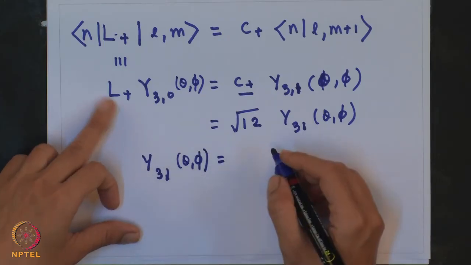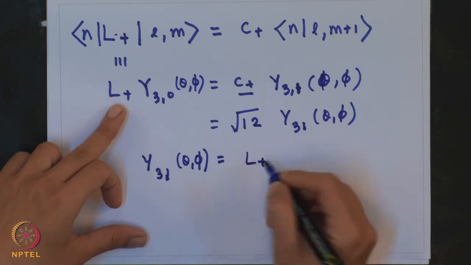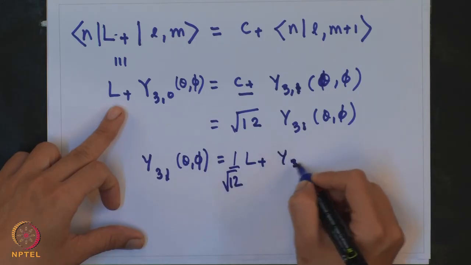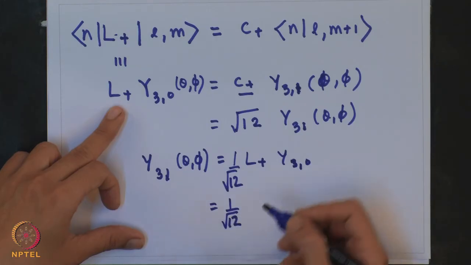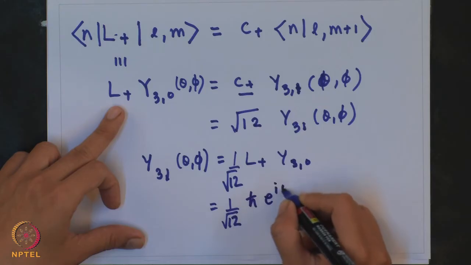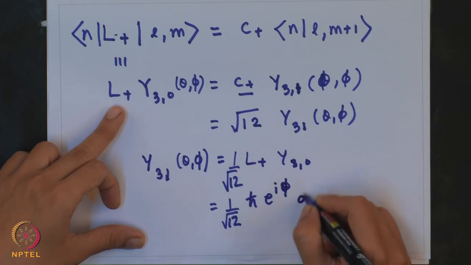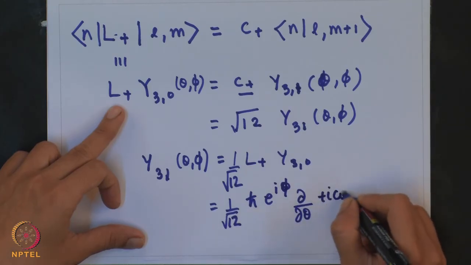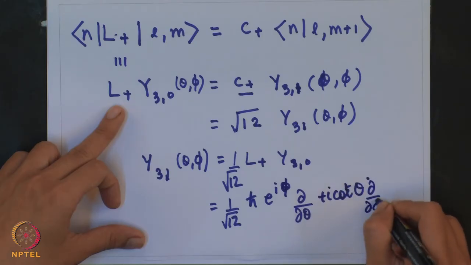will be 1 by square root of 12 times L plus psi 30. L plus, I will write in polar coordinates as h cross e raised to i phi times dou by dou theta plus i cot theta dou by dou phi.